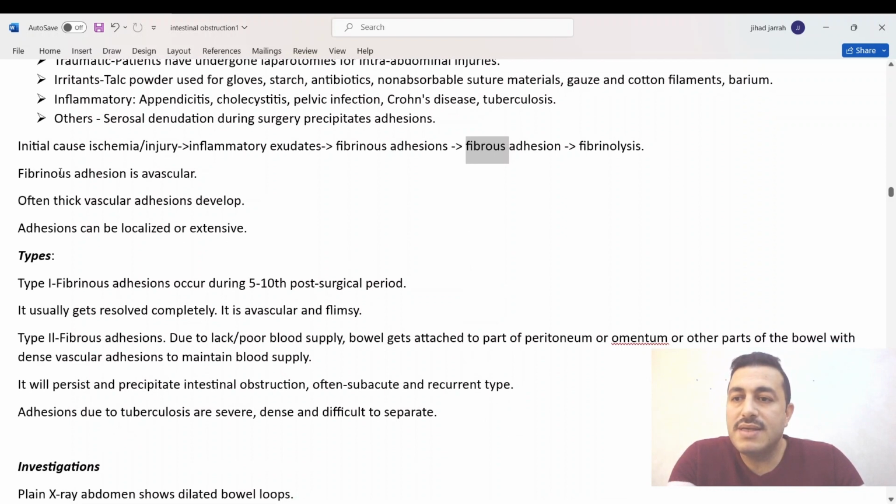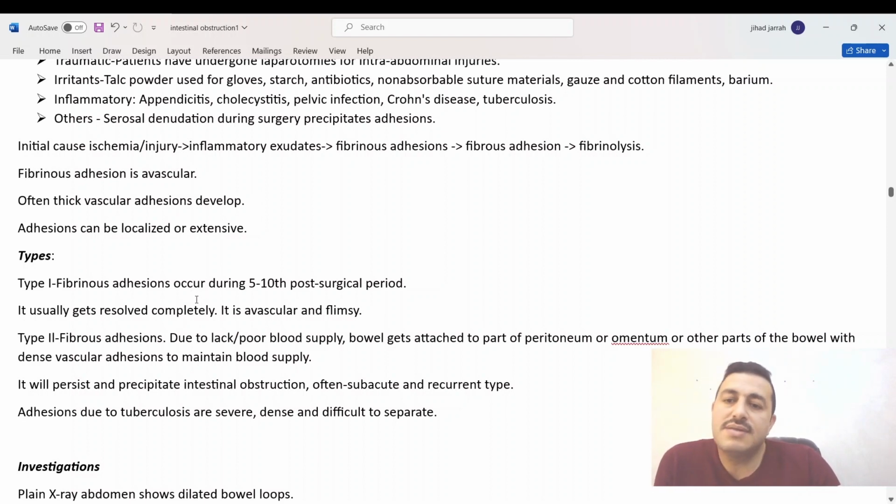Okay, here you can see that fibrinous adhesion is avascular. The adhesion can be localized and even extensive. I know many of you practice surgery and know what extensive adhesion means.